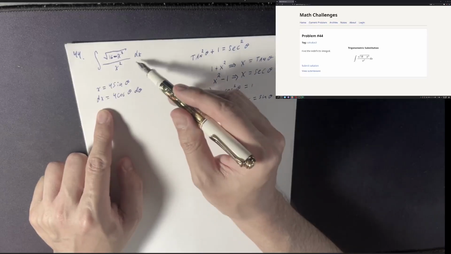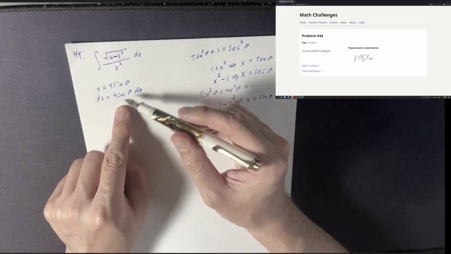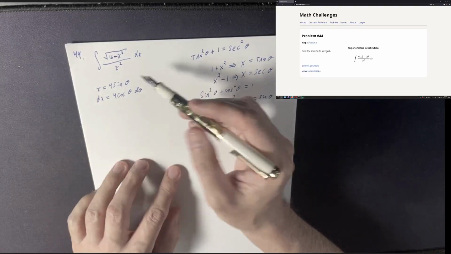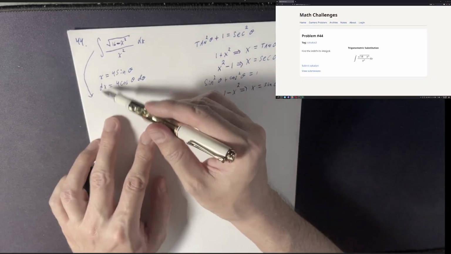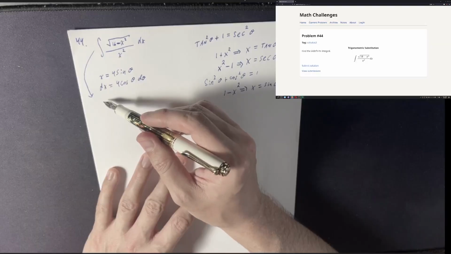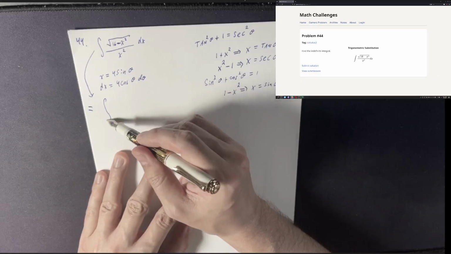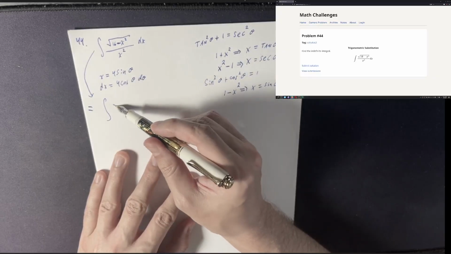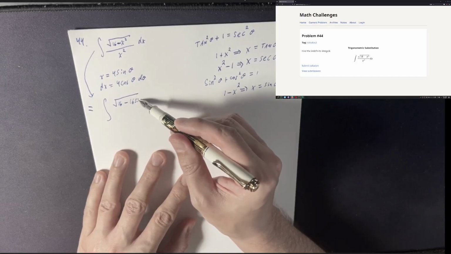So that's how we're going to replace, basically you replace dx with d theta, but an extra cosine theta pops out, an extra 4 cosine theta. So this integral, by this substitution, is equal to, let's do it kind of slowly, 16 minus 16 sine squared.